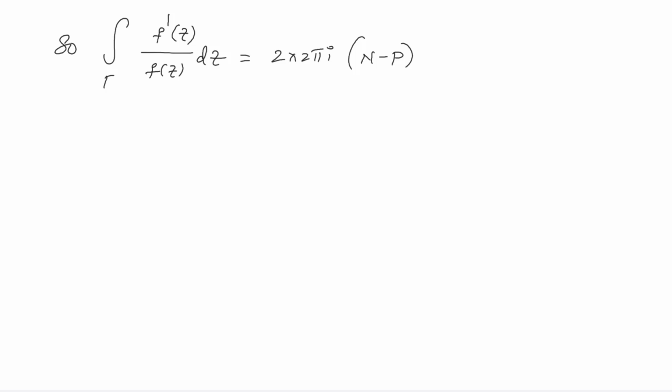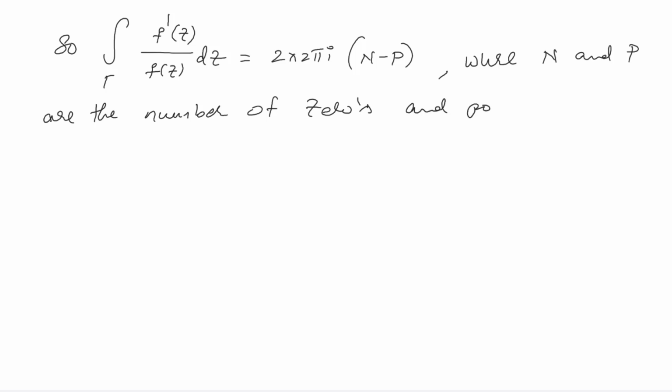So now by using this, we can say the integration over gamma of f dash of z divided by f of z dz equal to 2 times 2 pi i times n minus p, where n and p are the number of zeros and poles of f of z that lie inside gamma only.